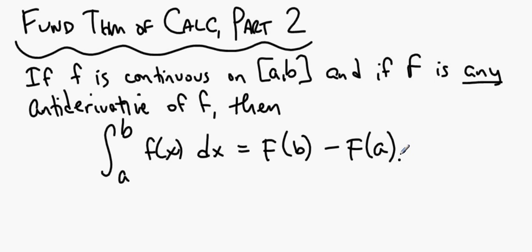And the moral of the story here is that this is a recipe for evaluating definite integrals. If I have some area I'm looking to find, I can find that area by just finding an antiderivative, substitute, substitute, subtract.